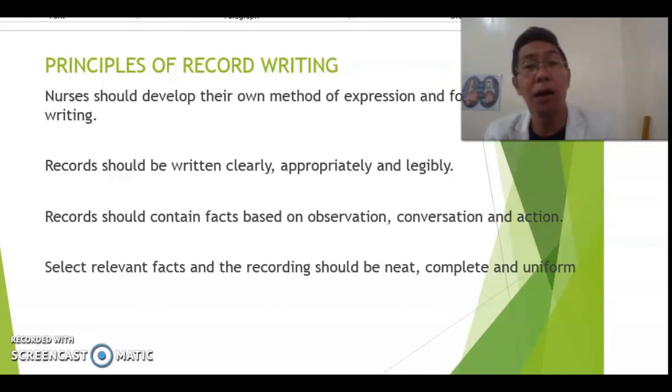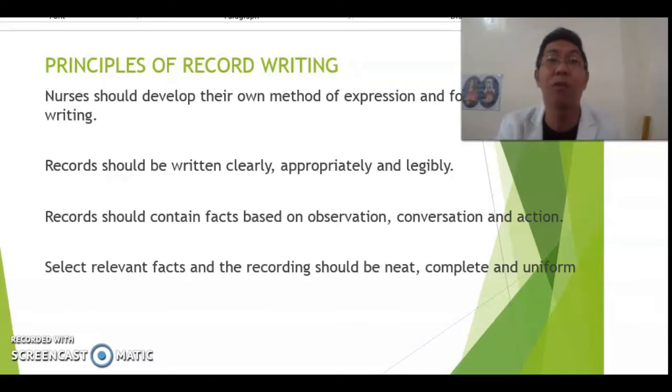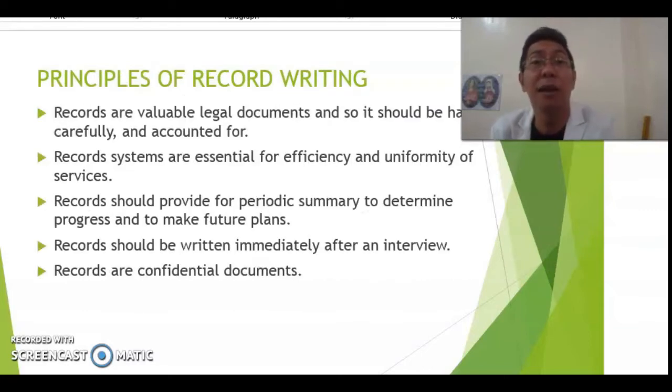The record should always contain facts based on your observation, conversation, and action, not a personal note. That should always be factual information that we write. We also have to select relevant facts, and the recording should be neat, complete, and uniform. So you should always remember that, and write legibly, in a way that is really readable.